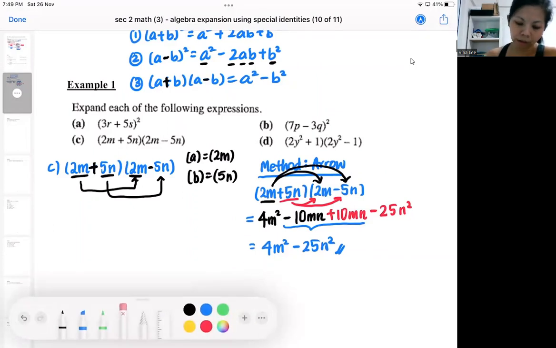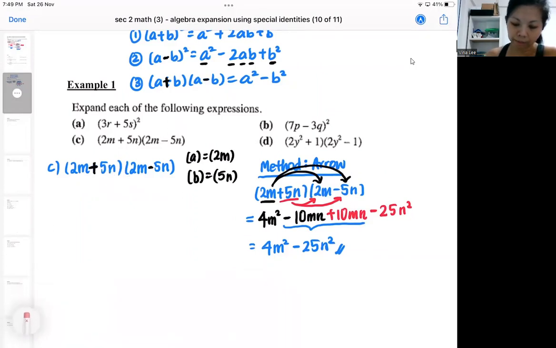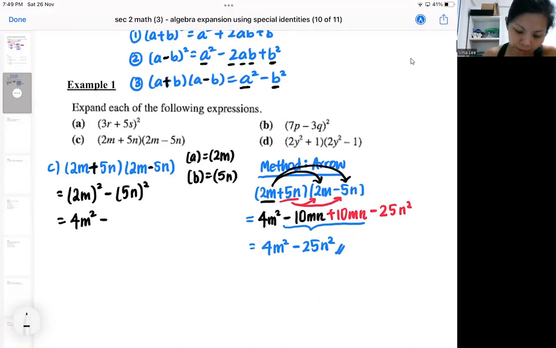The only difference is the plus minus. And if you apply the formula directly, A squared minus B squared. The formula is just A squared minus B squared. So that is just a 4m squared and a 25n squared.